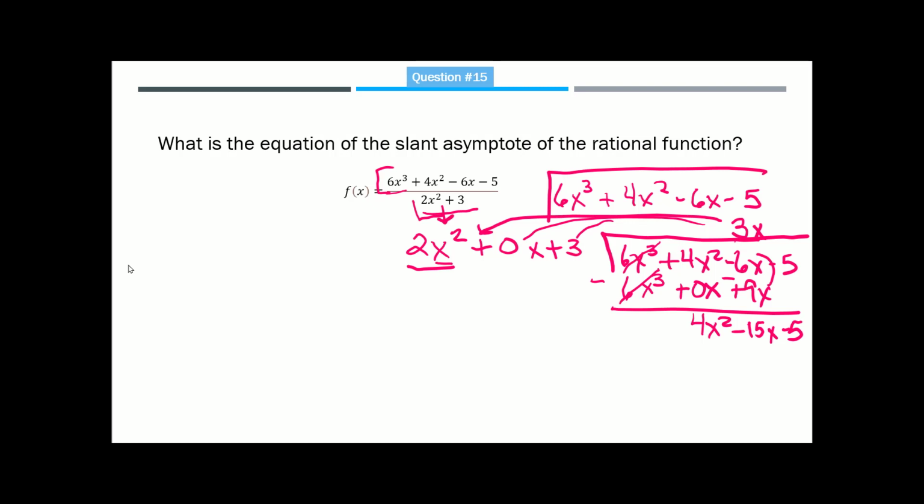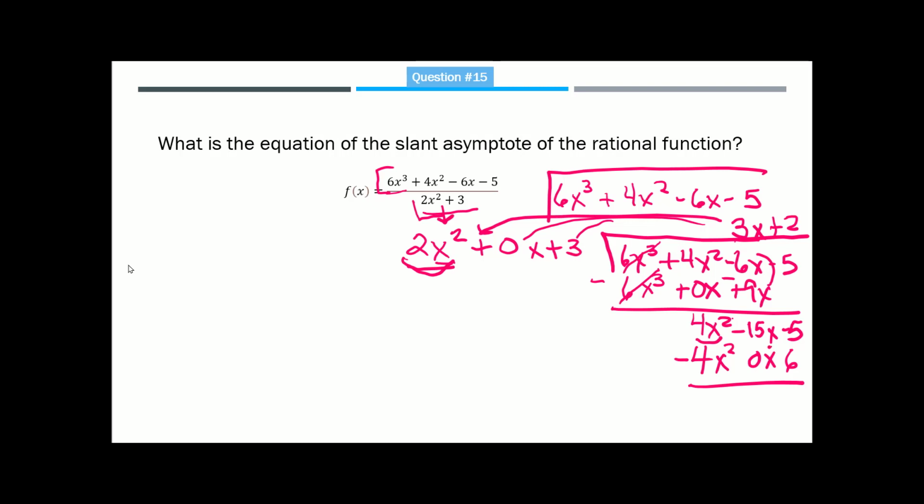All right, we're going to go one more term. Now we're looking at what do we multiply 2x squared by to get x squared. That's just going to be 2. We multiply by a positive 2. 2 times 2 is 4. 2 times x squared, x squared. All right, and then we get 2 times 0x is 0x, and 2 times 3 is 6.